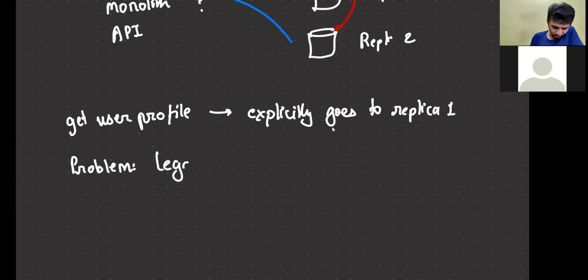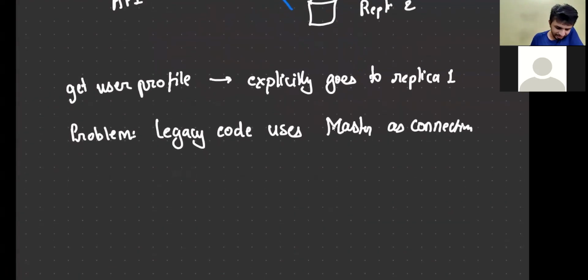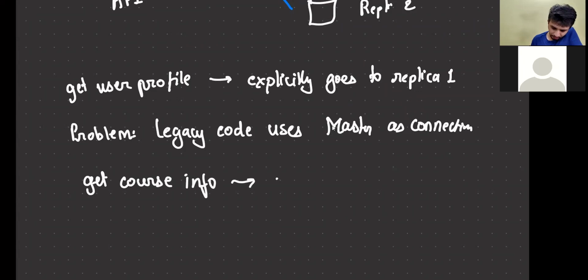Even for read queries: get user profile is explicitly configured to go to replica 1, but let's say get course info goes to master, because that's legacy code.